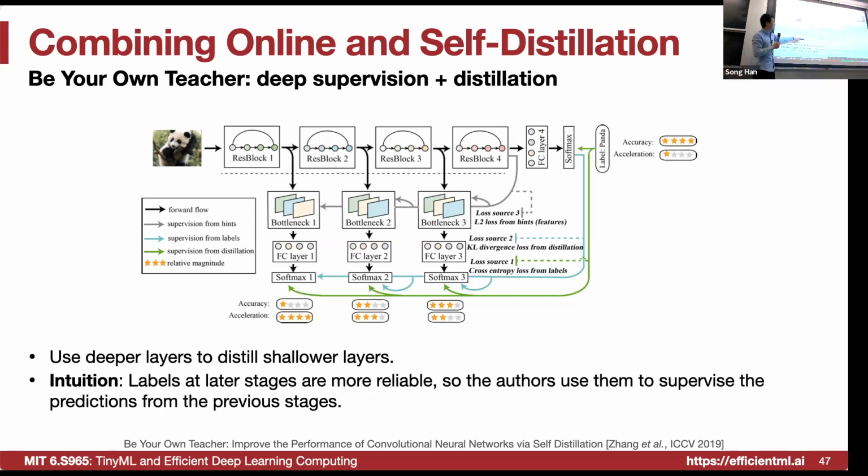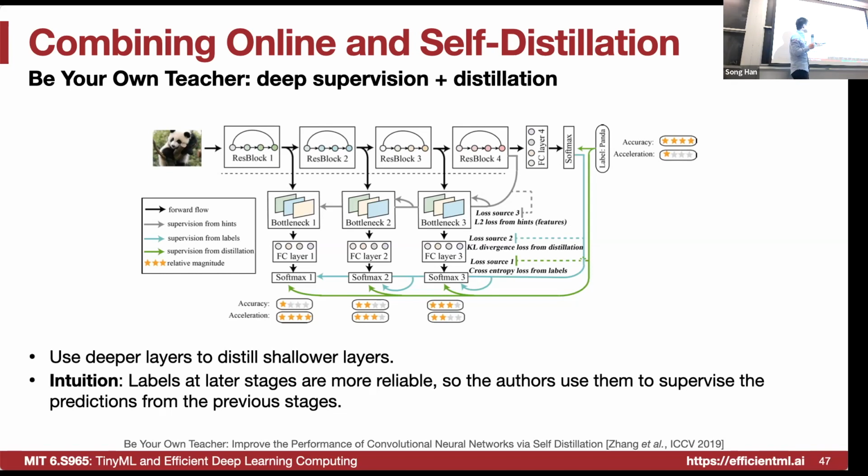This is showing the trade-off between accuracy and acceleration. If we can exit after res block 1, the acceleration is fantastic. We don't have to run the later layers, just finish the first block. So much faster, but accuracy is lower, because we just go through one layer and try to make a prediction.